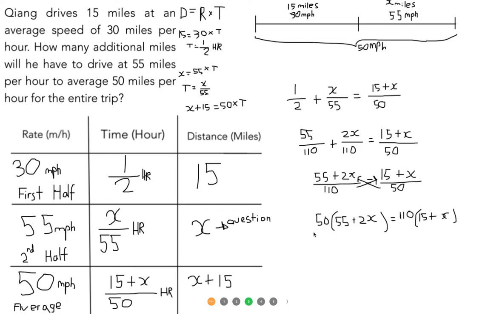And then if we distribute the 50 and 110, we get 2,750 plus 100x, and that equals 1,650 plus 110x.